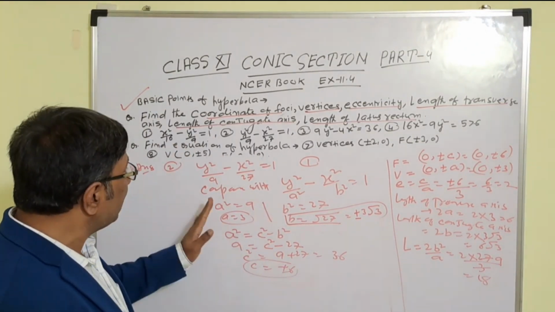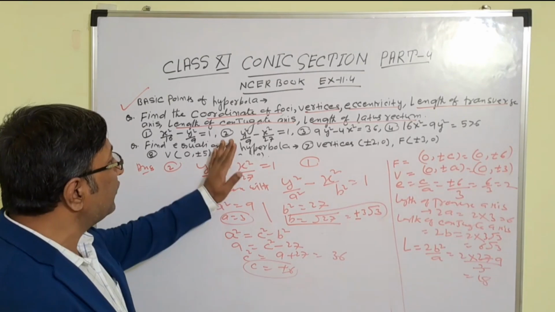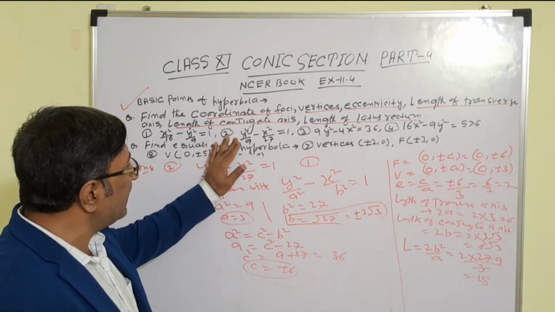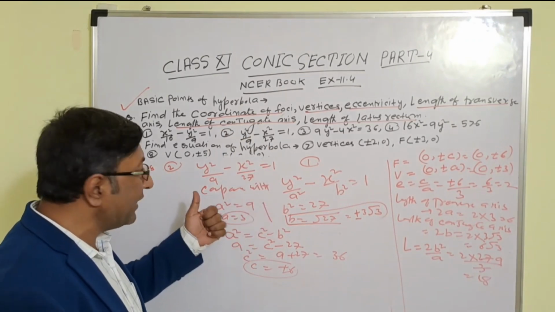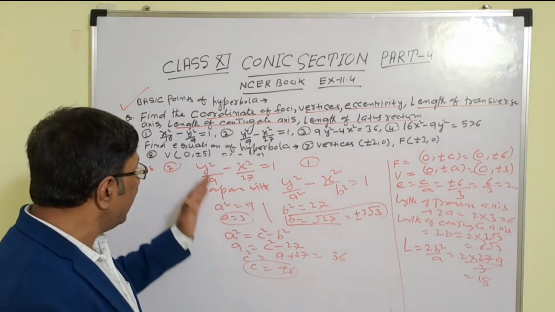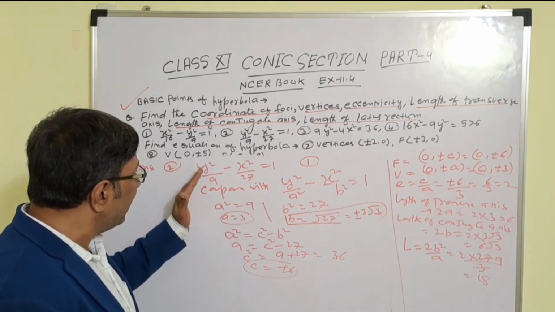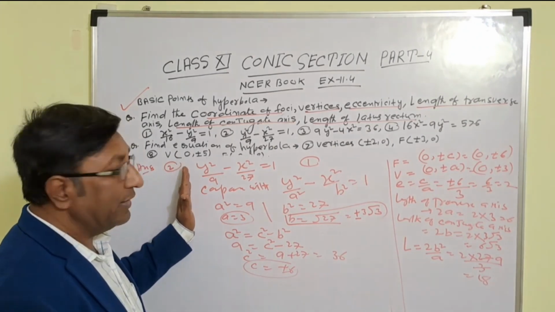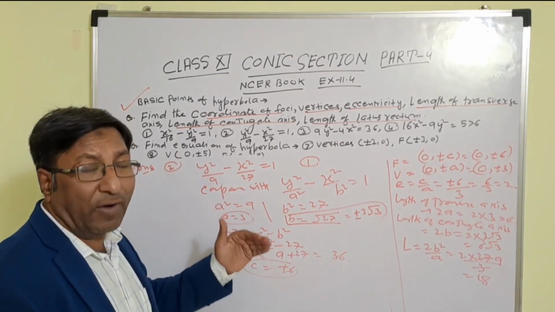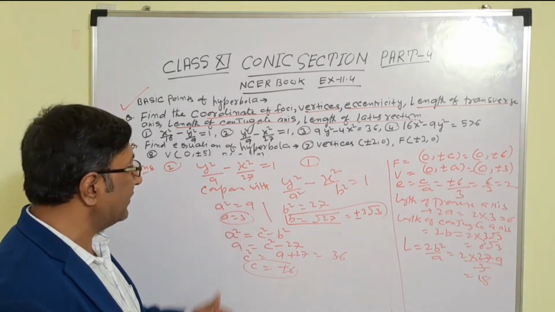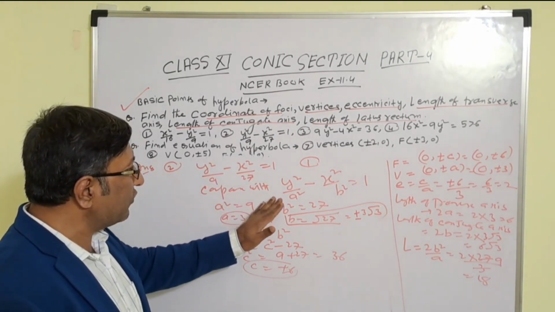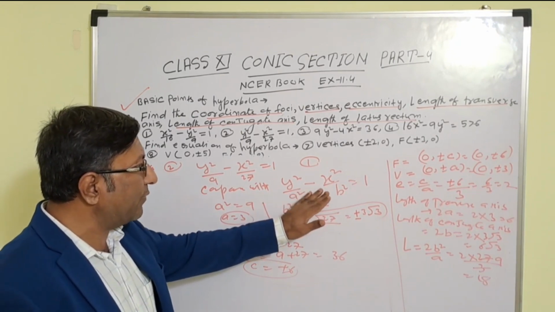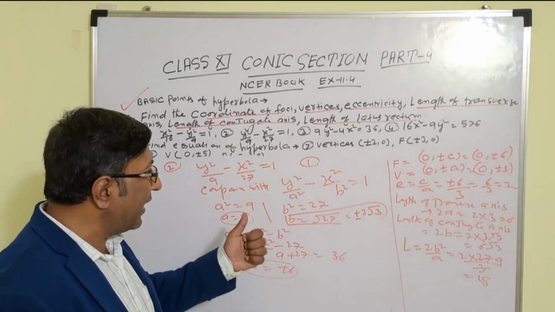So length of latus rectum is what? 18. So first condition is what? What is your equation? y square by 9 minus x square by 27 equal to 1. Then you check which is positive. If y square by 9, that is y side positive, that means it is on y-axis. So foci is on y-axis. So compare this equation with y square by a square minus x square by b square equal to 1 and find a and b.